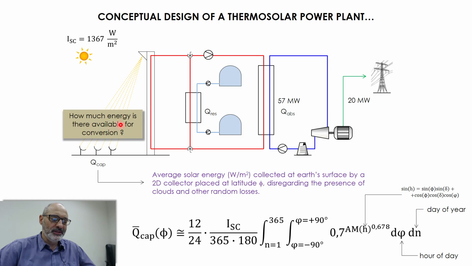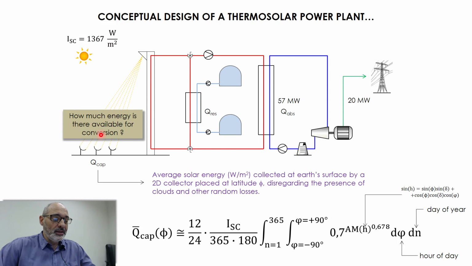I was telling you that we need to assess how much energy we're going to have at the place where we're going to build our power plant. We know the amount on top of the atmosphere is 1,367 watts per square meter, and we know that this is going to be absorbed during its transit through the atmosphere.